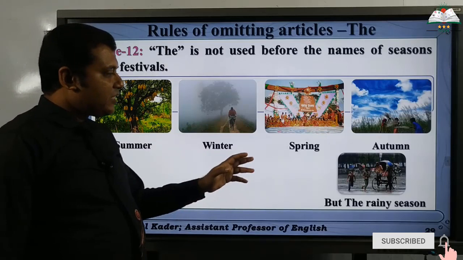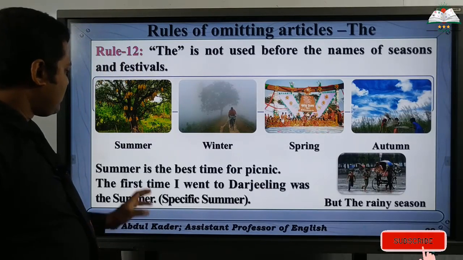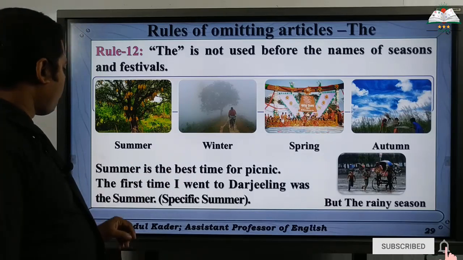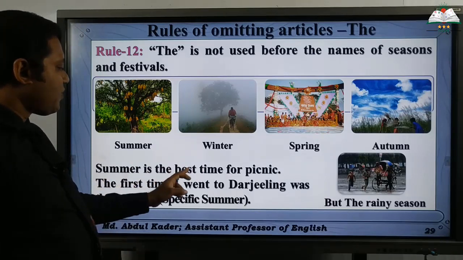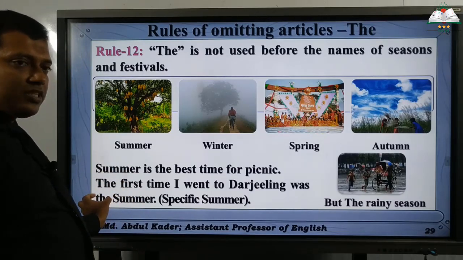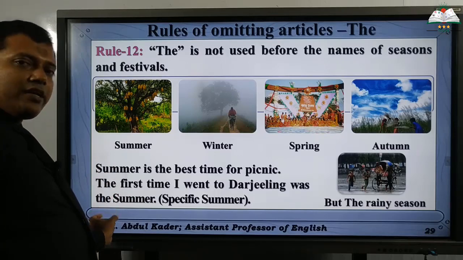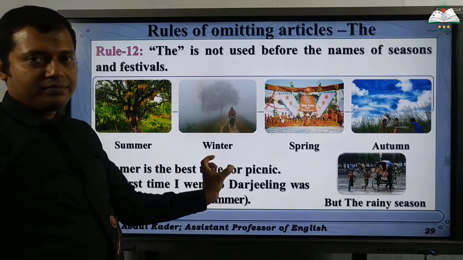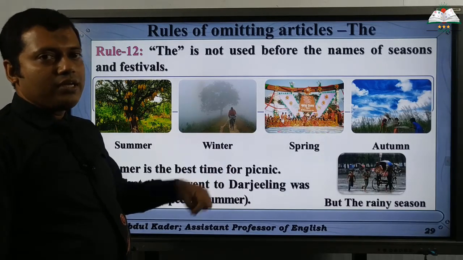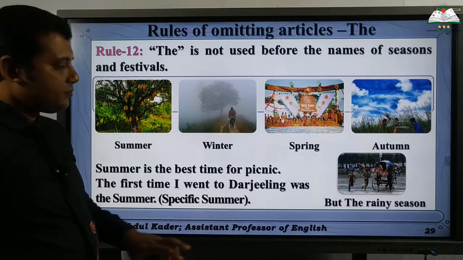But you have to say the rainy season. This is an exception for the season. And summer is the best time for picnics. The first time I went to Darjeeling was the summer. See here, I have used the before summer, but this summer indicates a specific summer that is in the mind of the speaker. So that's why the is used here.